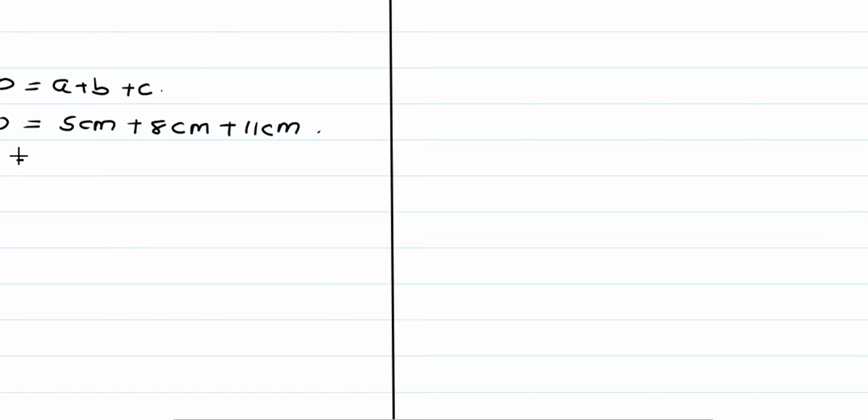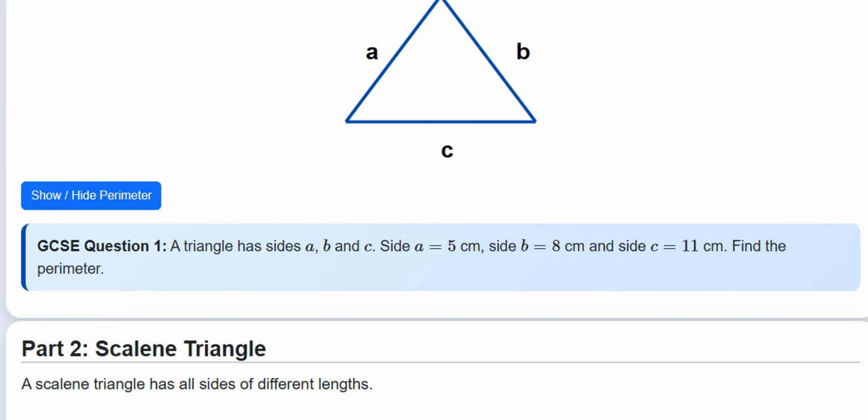Then to find the total, of course, I just need to add, where I take 5 plus 8, which is 13. 13 plus 11. I can just say 13 centimeters plus 11 centimeters, which is equal to 24 centimeters. That thus becomes the perimeter of this triangle.